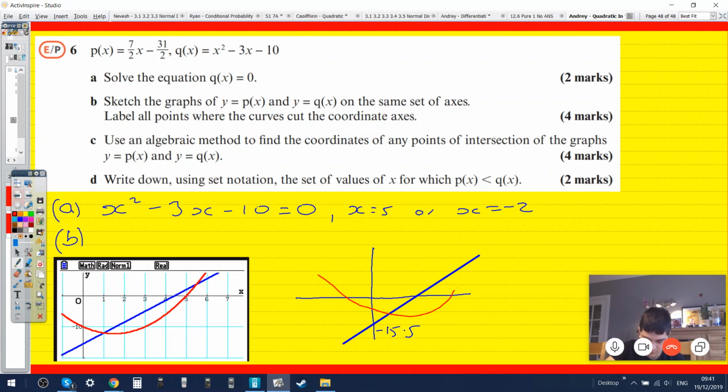Okay. And then I need the intersection, don't I? Like whether it crosses. No, not yet.